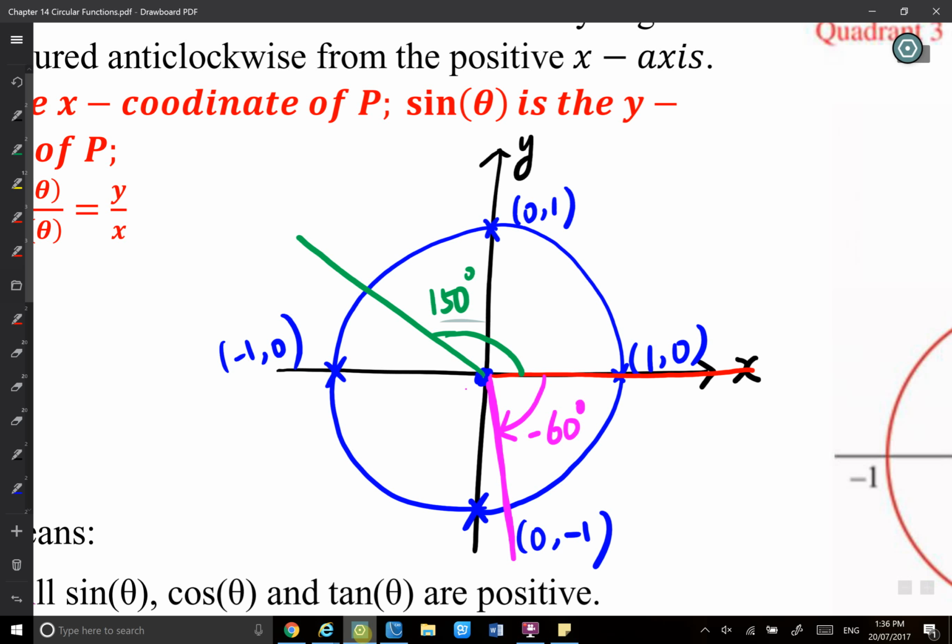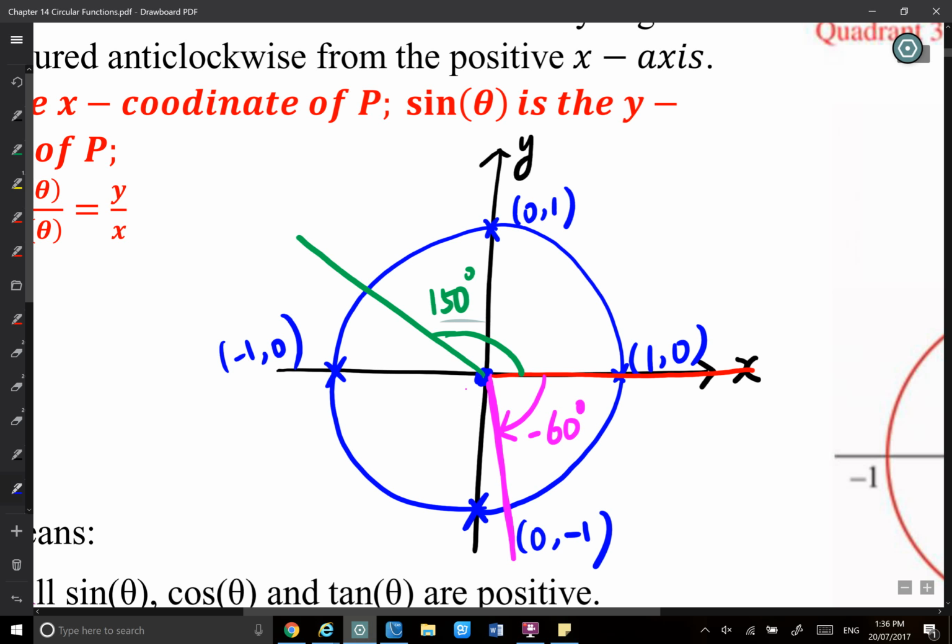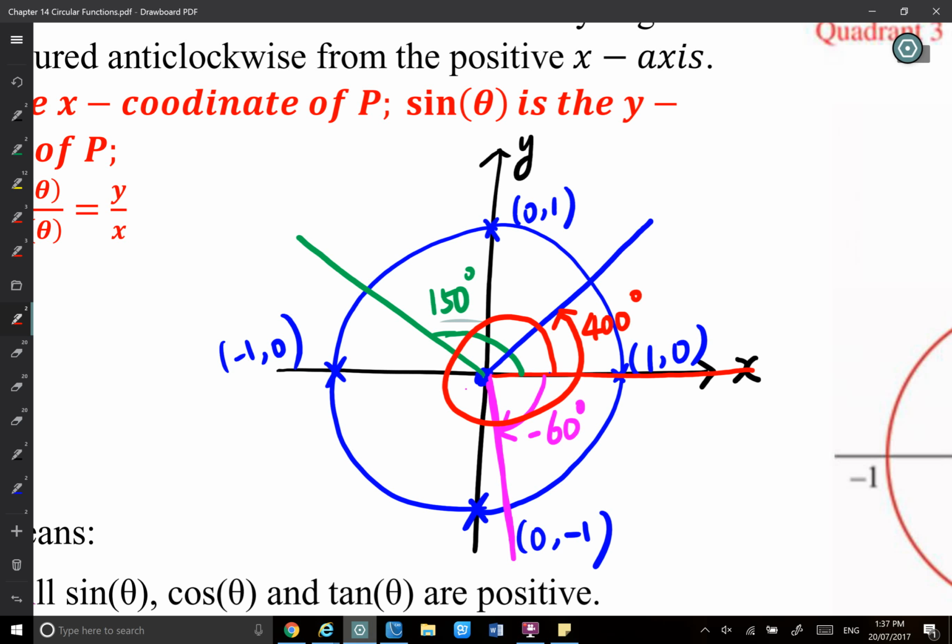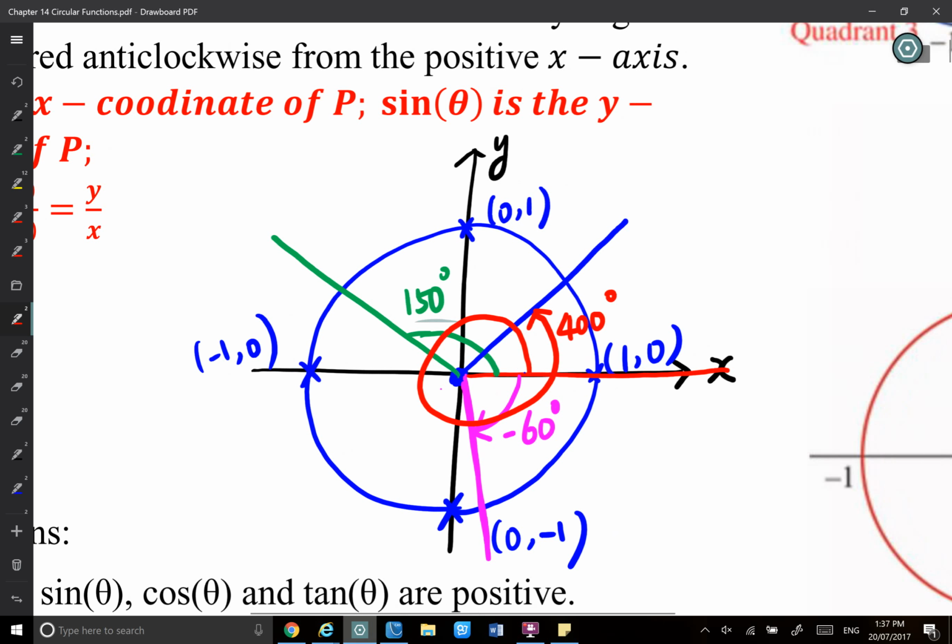So I just sketch a 40-degree angle here. That's a 400-degree angle, in the same position as a 40-degree angle. So 400 degrees and 40 degrees are the same angle.